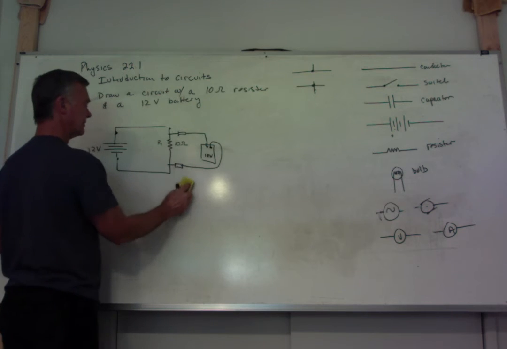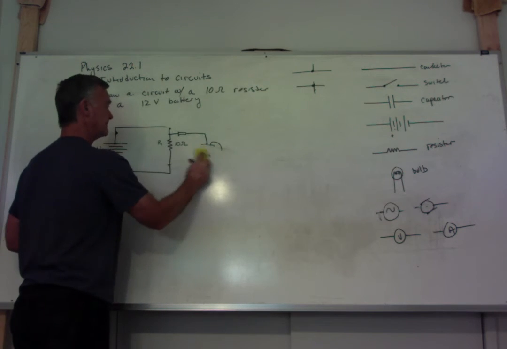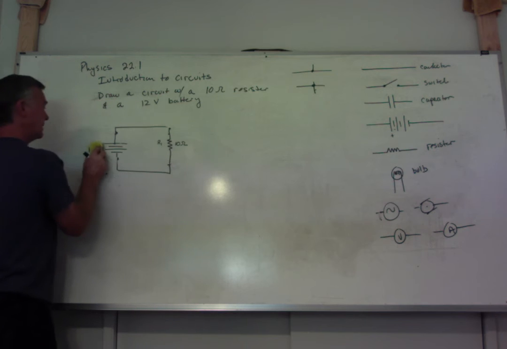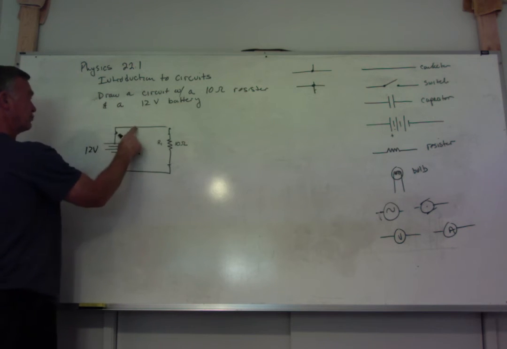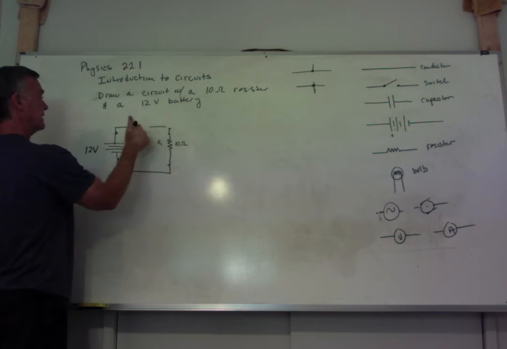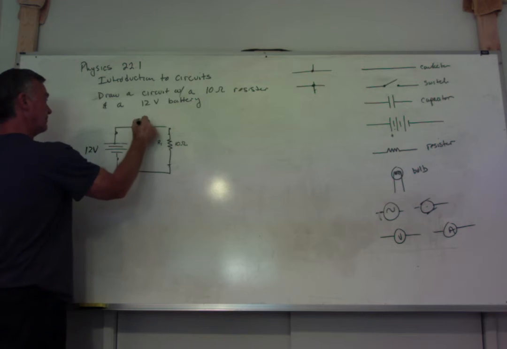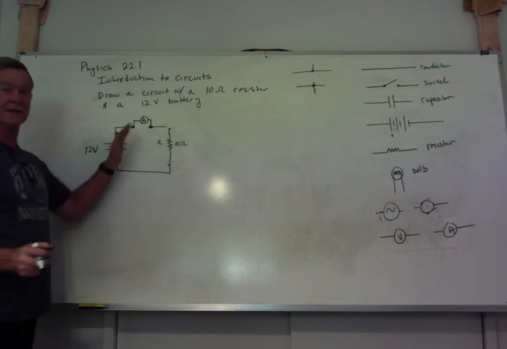An ammeter is different. An ammeter, when I want to measure the current, we actually have to break the circuit. And we put the ammeter in here. And that ammeter will tell me how much current is flowing through it.